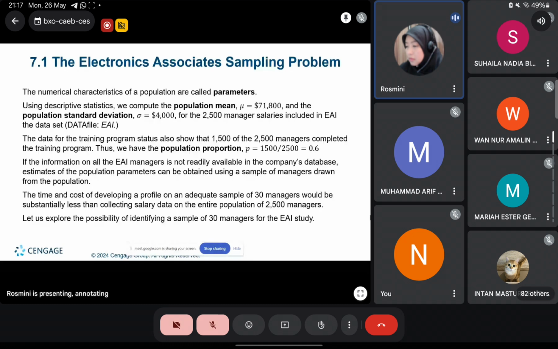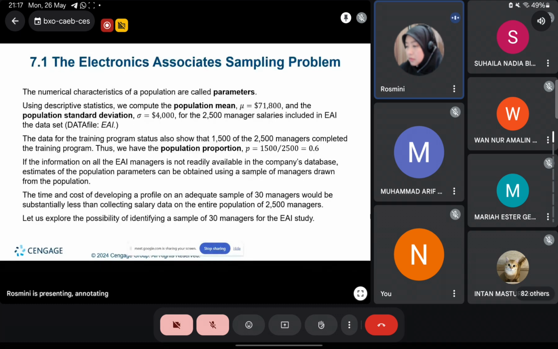Okay, so we have here, if the information on all EAI managers, EAI being the name of the company, is not readily available in the company database, estimates of population parameters can be obtained using a sample of managers drawn from the population. We know that 2,500 is the population.